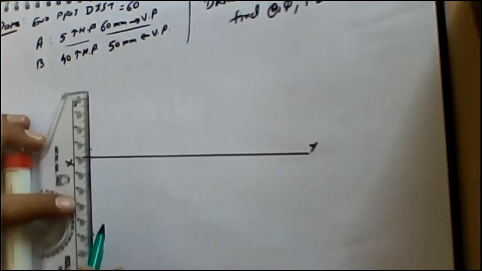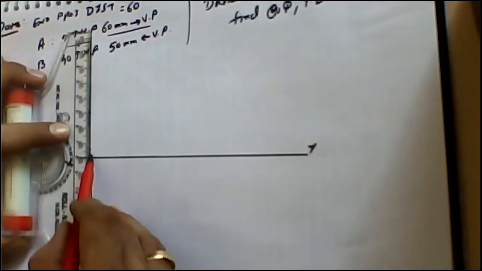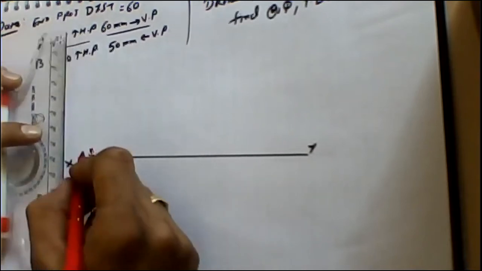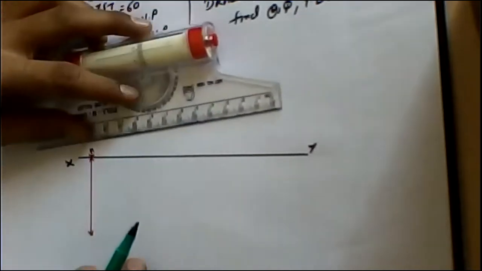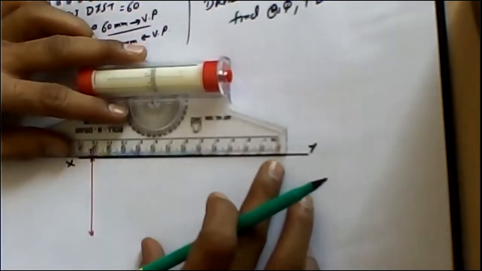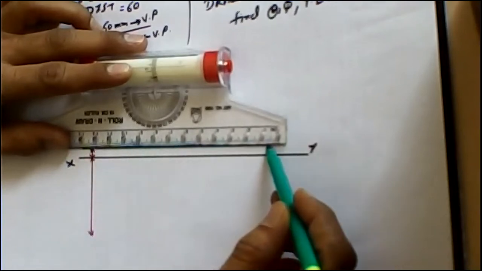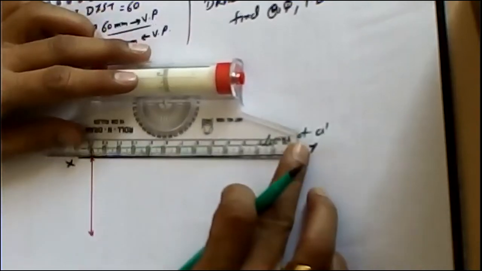Now we need to draft the locus lines. I'll be taking the dimensions over here. And whenever you plot the dimensions or plot anything, you should take care that the positions are with reference to the reference line in a perpendicular manner. So this is going to be one of the locuses, as we are aware that these are the positions of point A. So this particular line at 5 mm is going to be the locus of A dash, and over here at 60 mm.